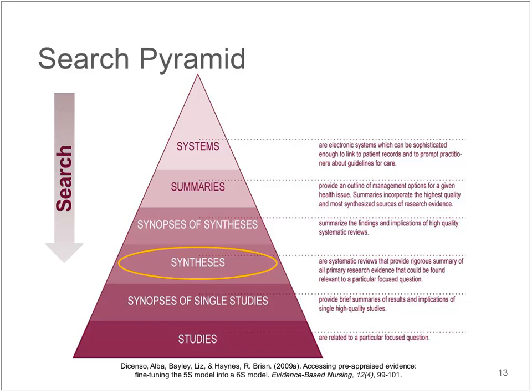Systems exist where we bring together patient characteristics, diagnoses, and other factors related to the patient, and that behind the scenes in an electronic system brings together the best available critically appraised evidence. That could be in the form of best practice guidelines.